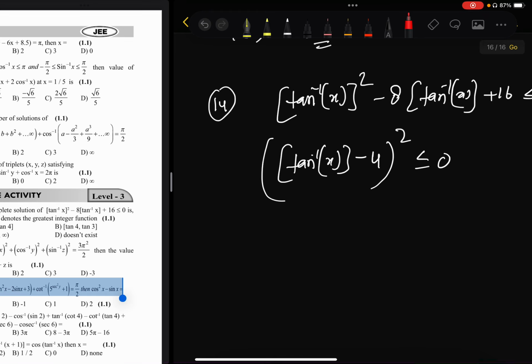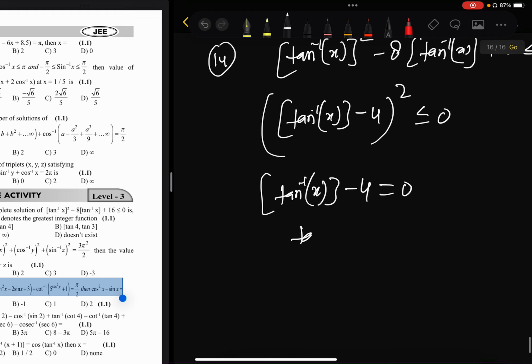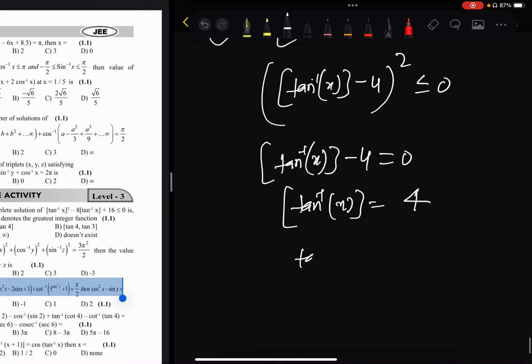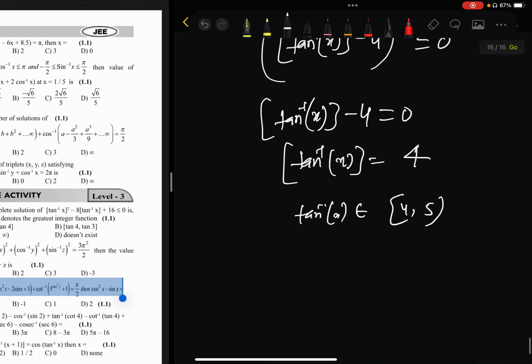Now a square cannot be less than 0, but it can be equal to 0. So there is only one possibility, when tan inverse x minus 4 is equal to 0, when tan inverse x is equal to 4, right? So here tan inverse x belongs to 4 to 5, 5 not included, 4 included.